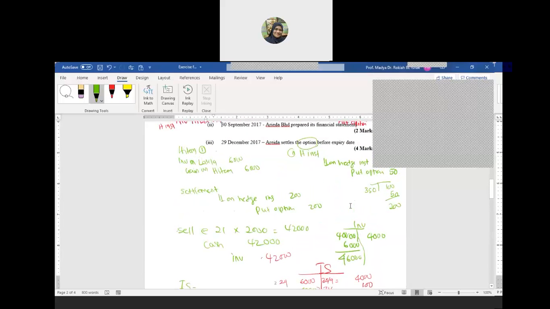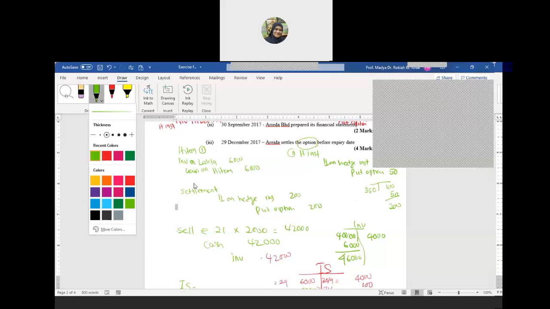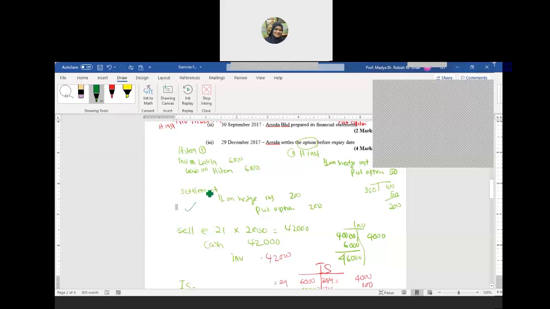When they settle the options, we don't know whether they sell the shares or not. If you settle the options here, the journal entry is only up to the settlements here. The journal entry is up to that point only, because we don't know whether we sell that one or not.